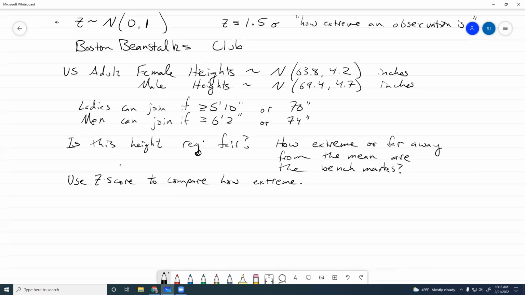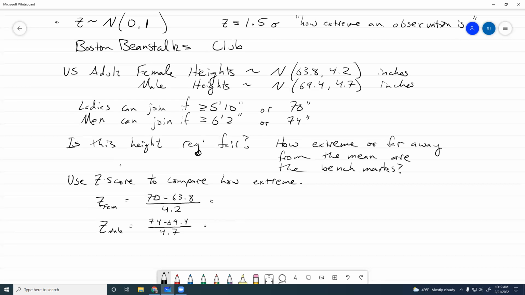All right, so let's calculate the z-score, and we're going to do z for females. That is equal to 70 inches minus our mean, which is 63.8, divided by the standard deviation, 4.2. And then z male is equal to 74 minus 69.4 all over 4.7.